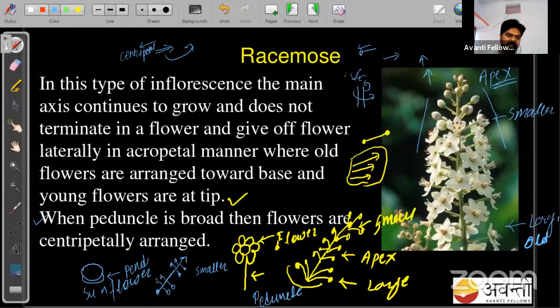Peduncle means, in the case of sunflower, for example, this is the floral stalk or floral axis, and this part is known as the peduncle. On this peduncle, the sunflower flower system gets developed. So in sunflower the peduncle is broad, and at that time the flowers are centripetally arranged. How they are arranged, we will discuss in later slides.